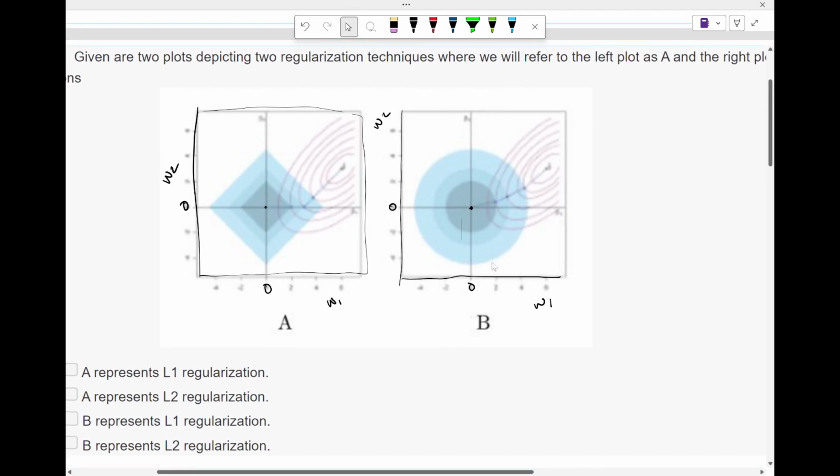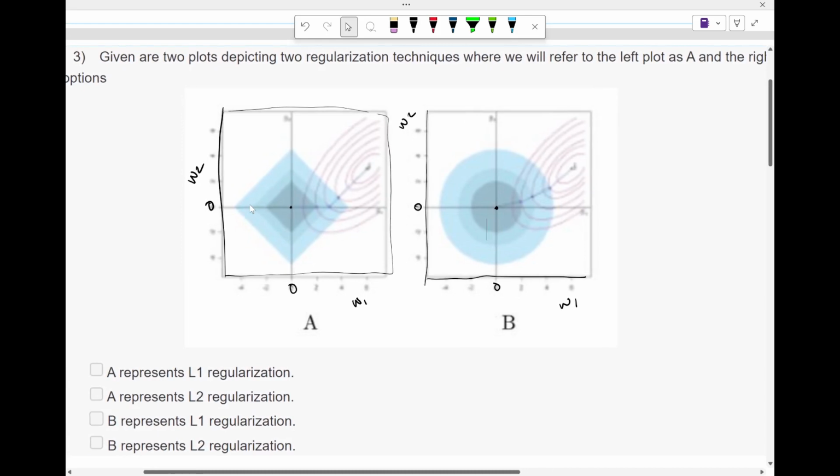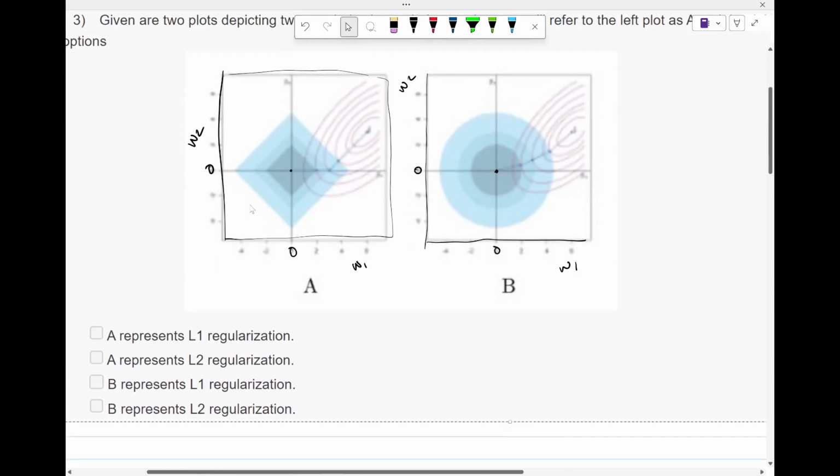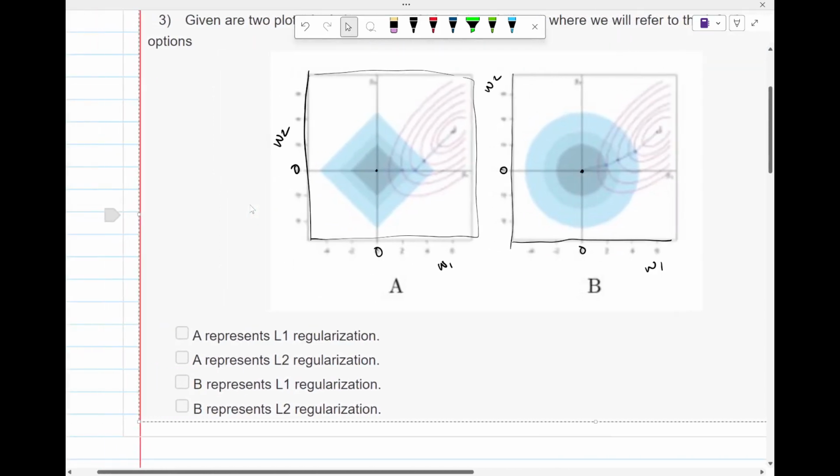And this is sort of your plot. So what you need to understand is how L1 and L2 norms look.